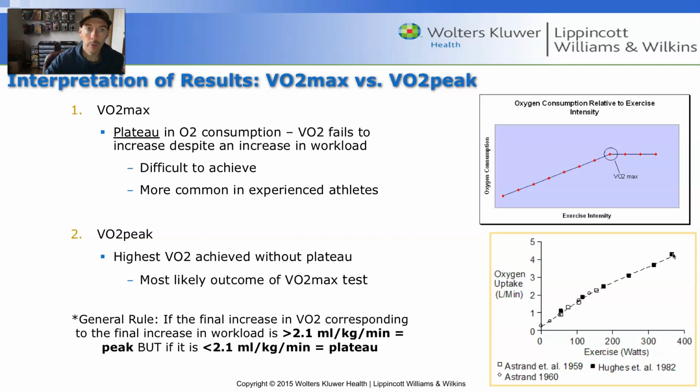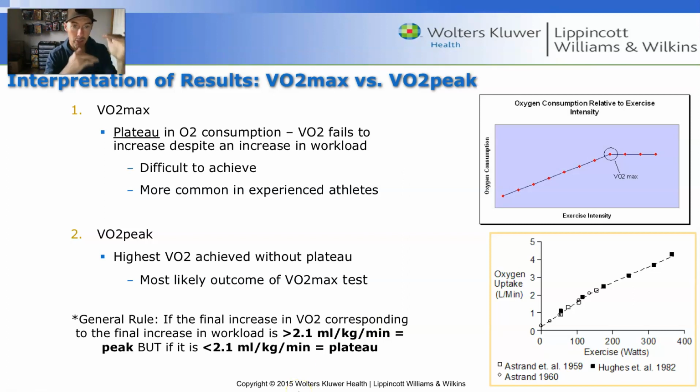Now, numerically, the way that we quantify this, and again, I'll show you how to do this in the lab video, is we're looking at the VO2 values on the data, which I will post in your lab folder, okay? We find the highest number, and then we look at the numbers before it and after it, okay?